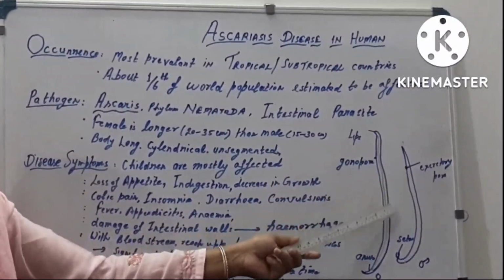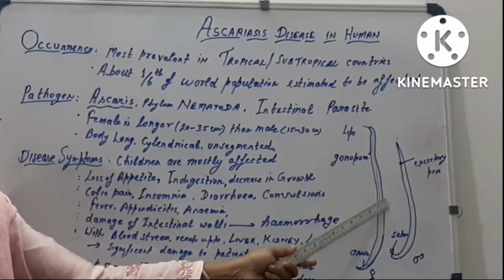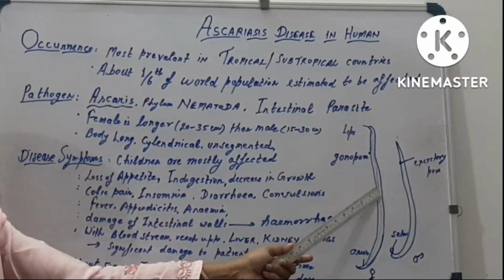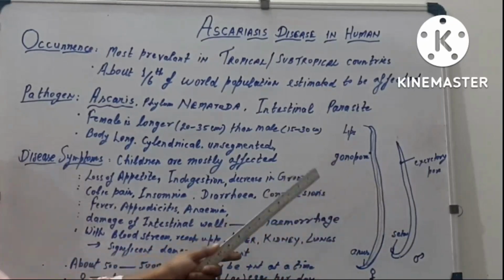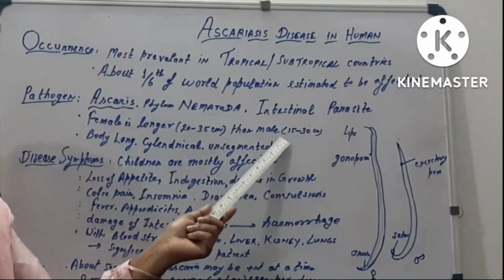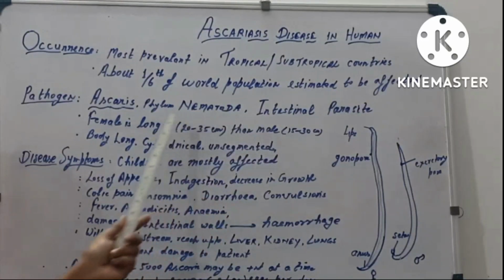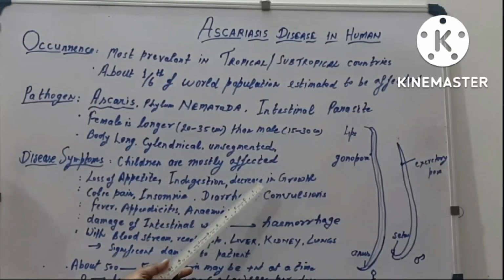It means the sexes are separate here, and the female is longer in size. Very important point, female is longer in size than male, and it is about 20 to 35 centimeter long, whereas male is 15 to 30 centimeter long only. The body, you can see, is long, cylindrical and unsegmented.